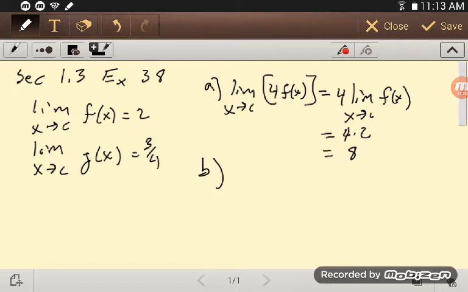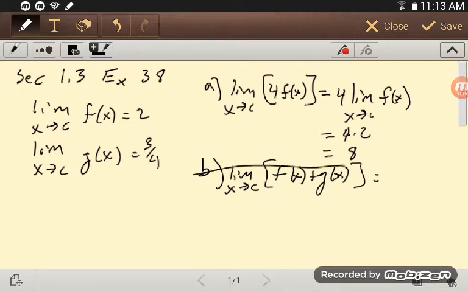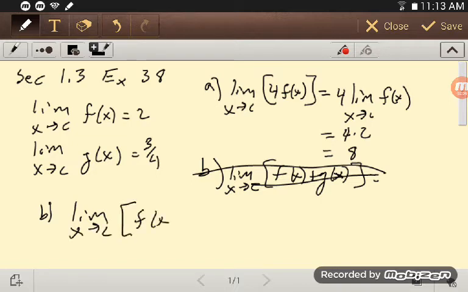B, f plus g, so the limit as x goes to c of f of x plus g of x.